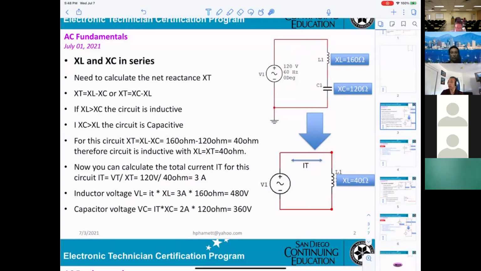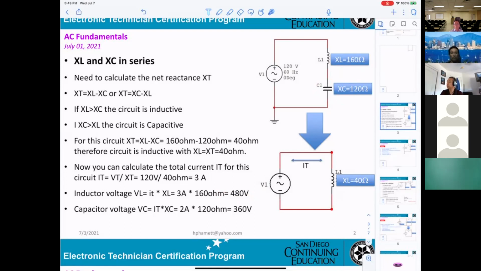If you want to calculate the voltage, then take I times XL, times IT. That means you get 480 volt. And if you're going to calculate the voltage here, you take IT times XC.